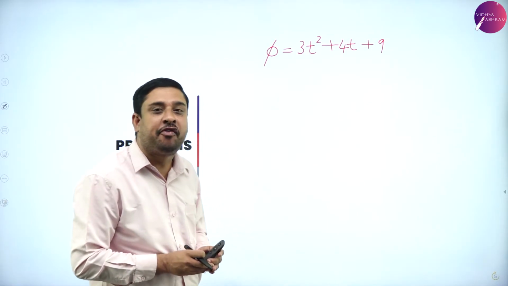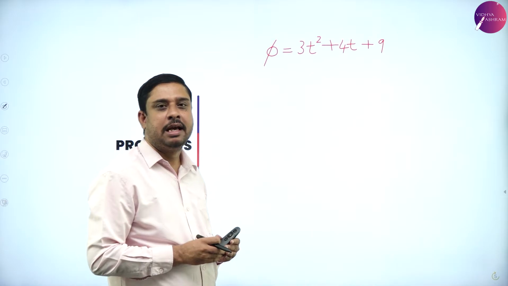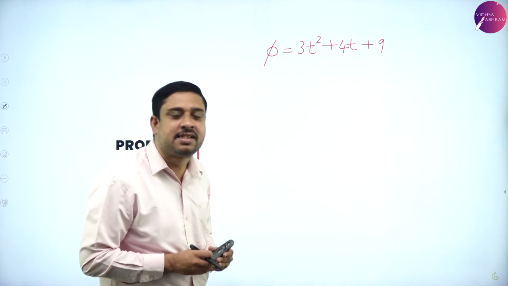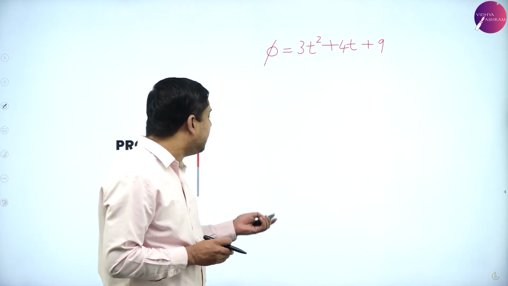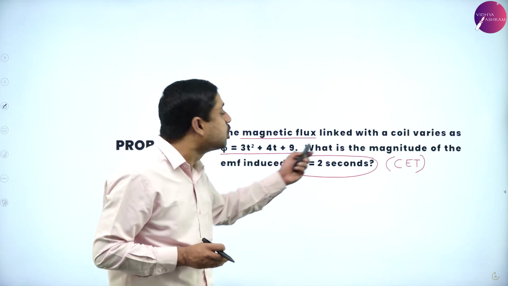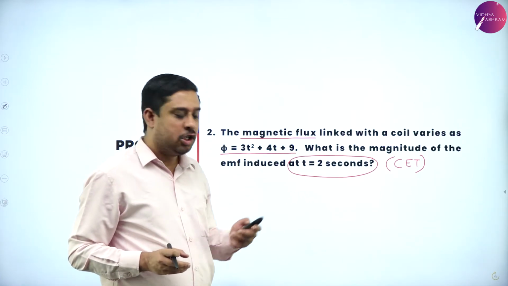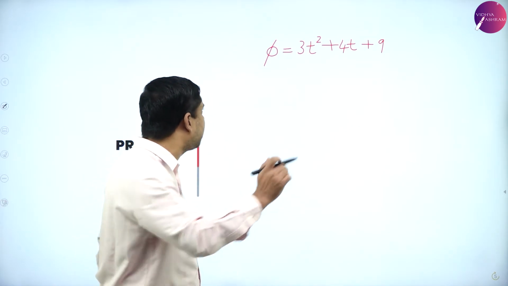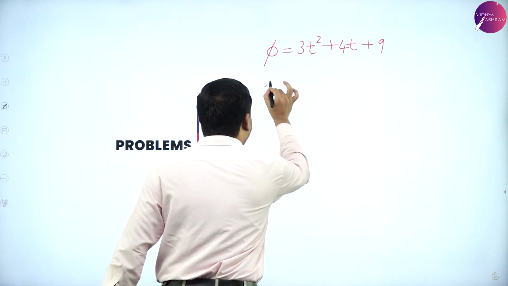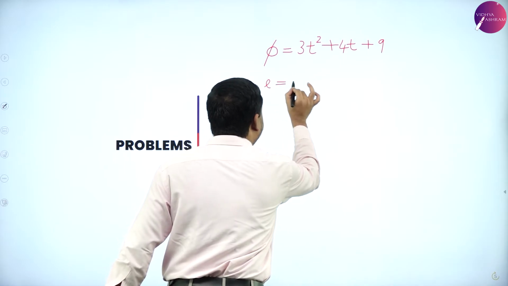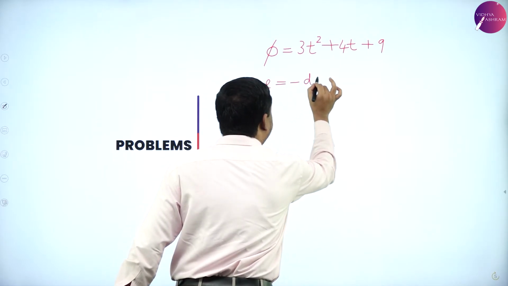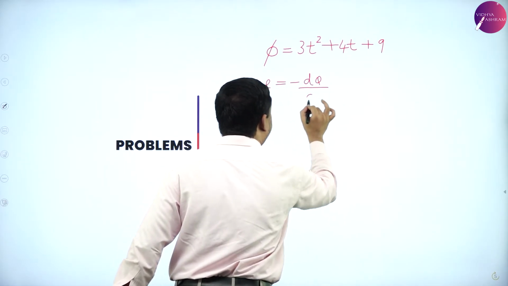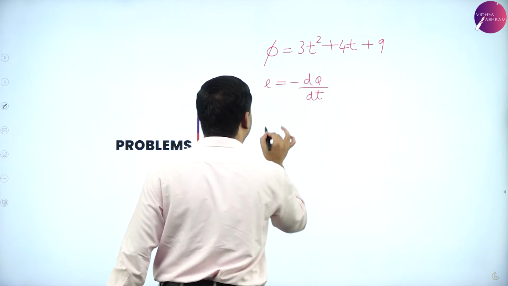I have to find out this when the time is 2 seconds. So first, I will calculate the flux. Again, Faraday's law. So E is minus d phi by dt.